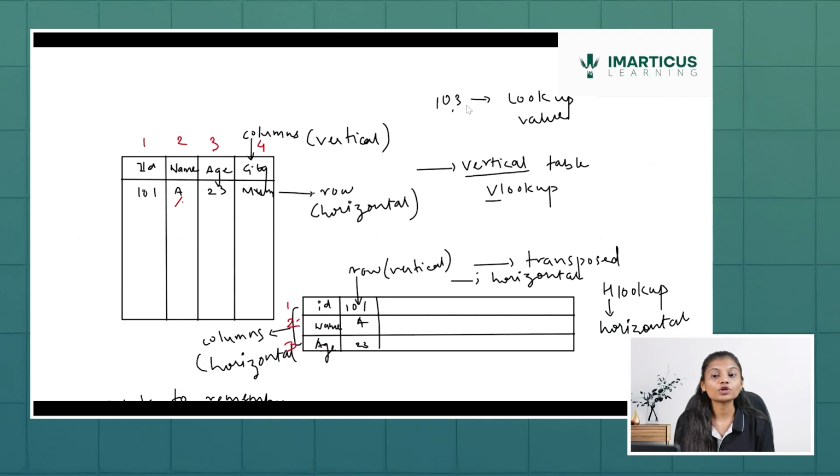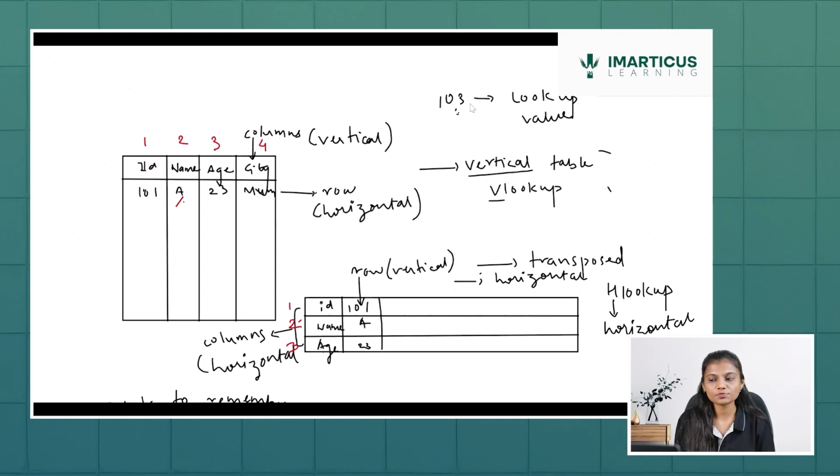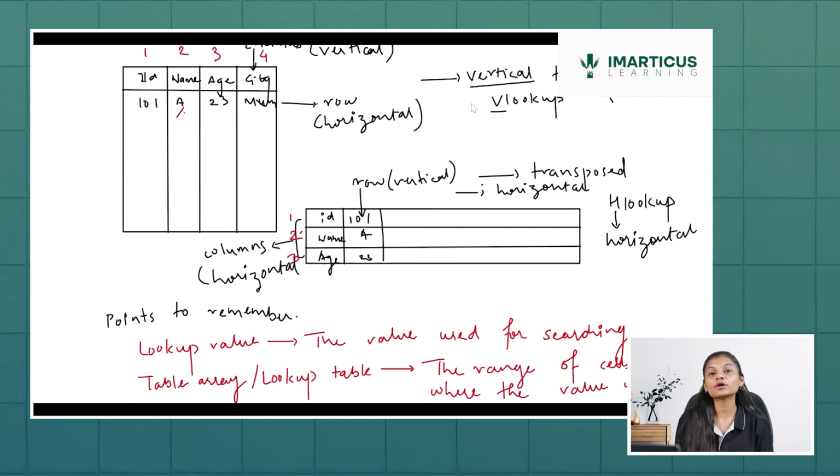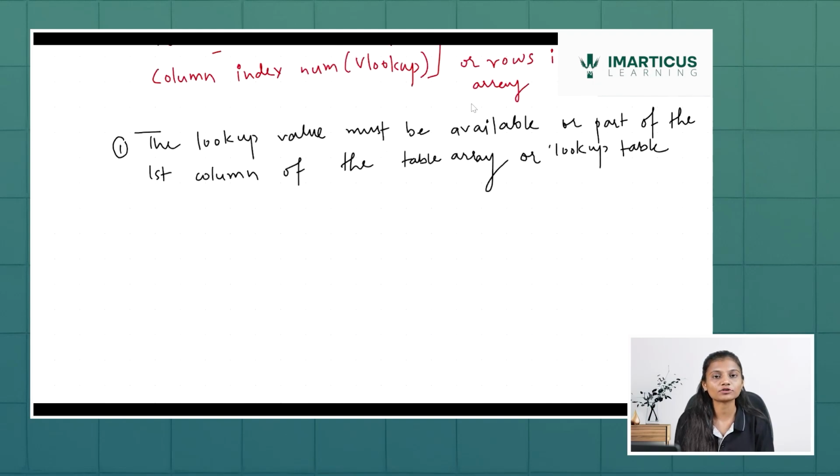It will not be searched in the second, third or fourth. It should be there in the first column. If it is there, it will throw some value. If it is not there, it will throw you an error over here. But there are approaches to overcome that. So if you can see, this is how it looks. So as per the first point to remember, the lookup value must be available or a part of the first column in the lookup table or the table array which you are using.